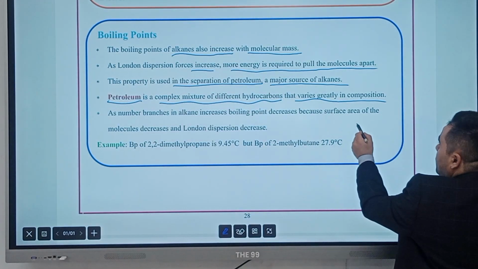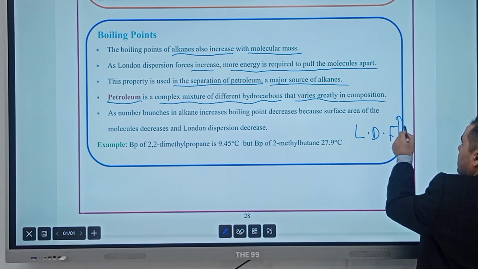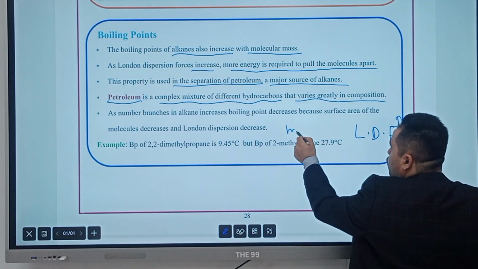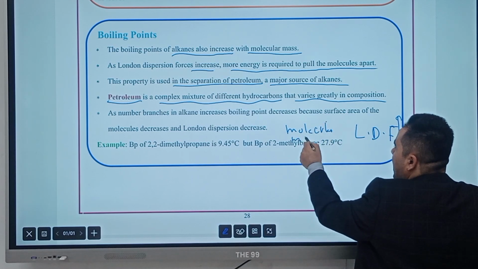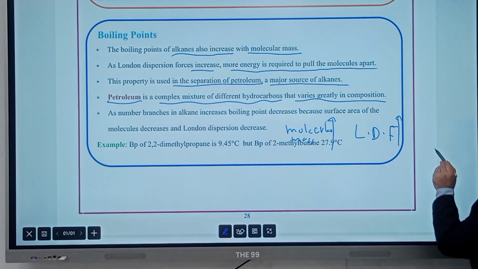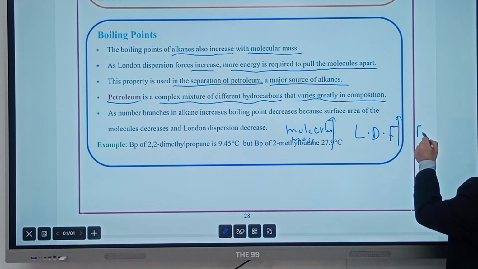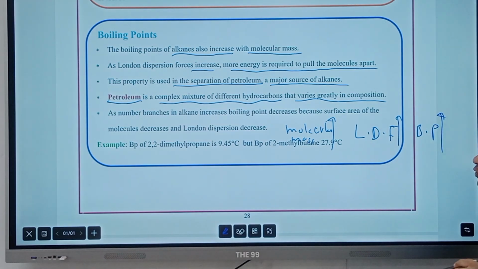Guys, so we can say that as molecular mass increases, London dispersion force increases. And as London dispersion force increases, the boiling point of the structure increases too.